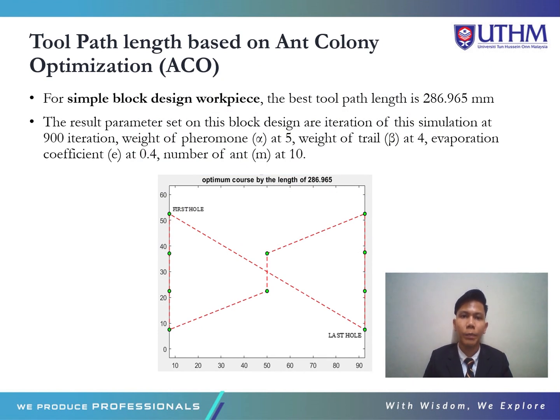After all the parameters have been found, the best tool path length for the simple block design workpiece is 286.965 mm, with iteration at 900, weight of pheromone at 5, weight of trail at 4, evaporation coefficient at 0.4, and number of N at 10.